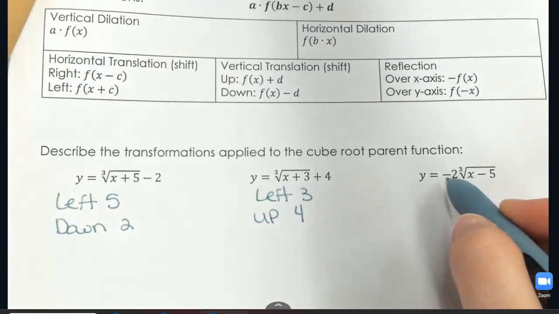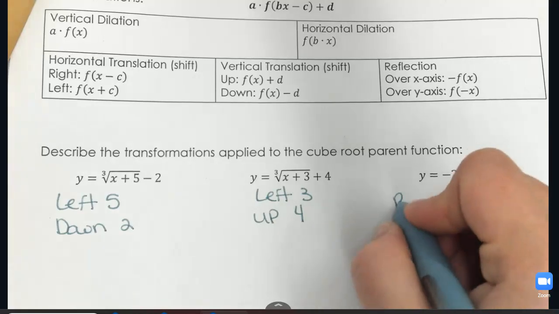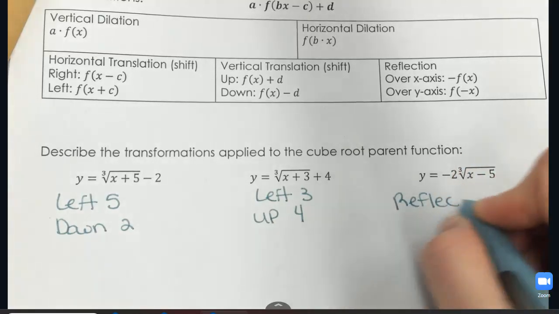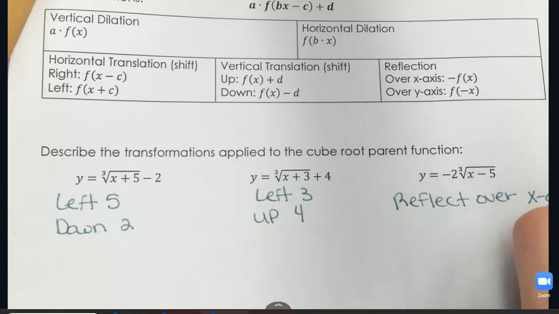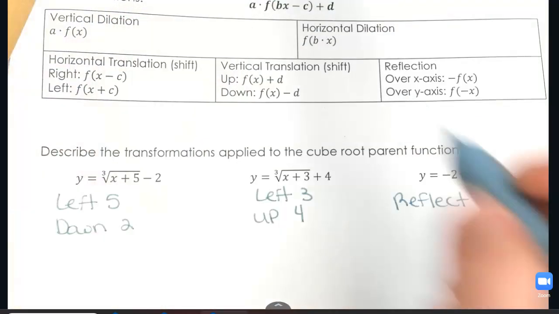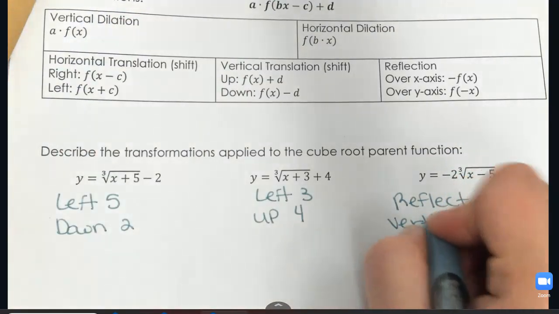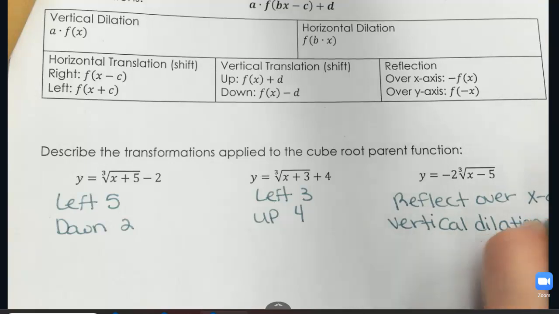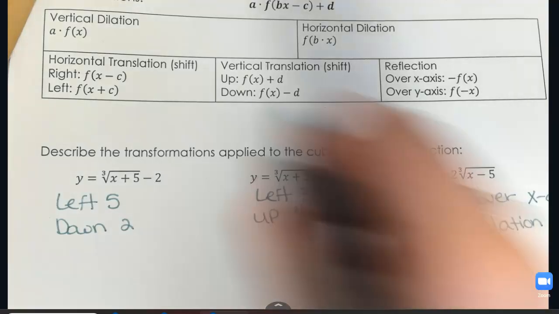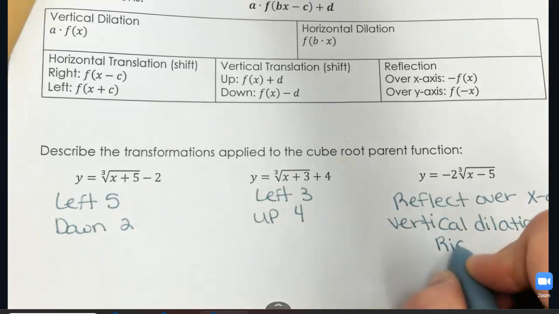And then finally, negative on the outside tells me that we are reflecting over the x-axis. The 2 tells us that we are vertically dilating by 2. And then the minus 5 on the inside tells us that we are going to the right 5.